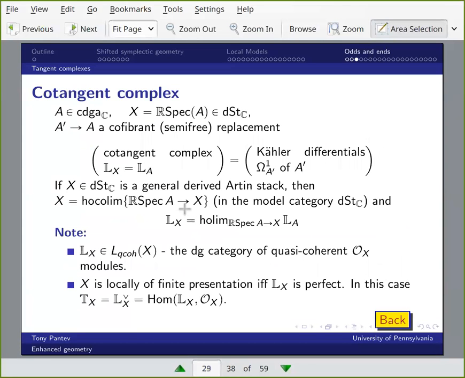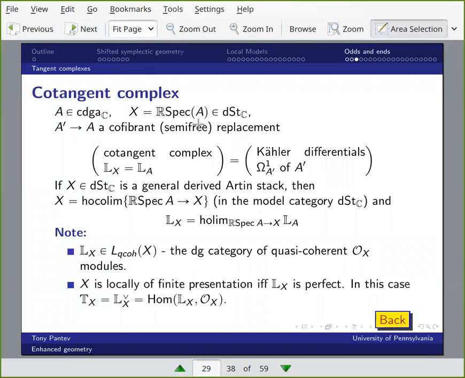And you can talk also about cotangent complexes. So if you have a commutative differential graded algebra, which we're thinking about as the algebra of functions on some derived space, and the derived space is formally the spectrum of that algebra, then you can talk about one-forms on that affine derived space by replacing the algebra by a nice algebra, by a semi-free replacement.